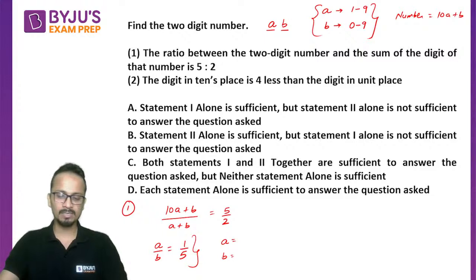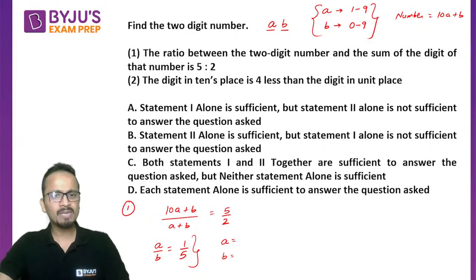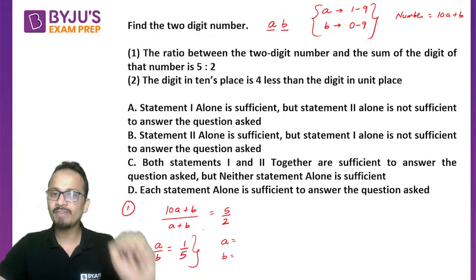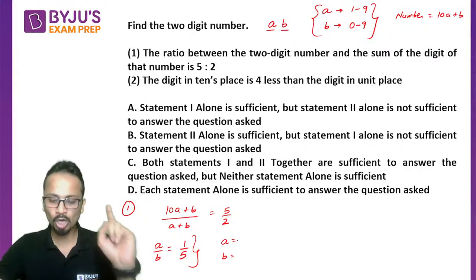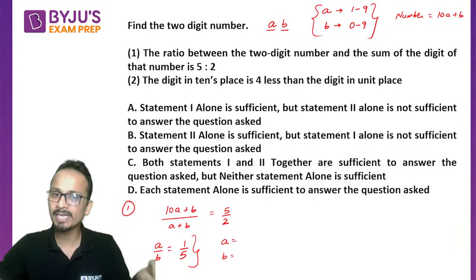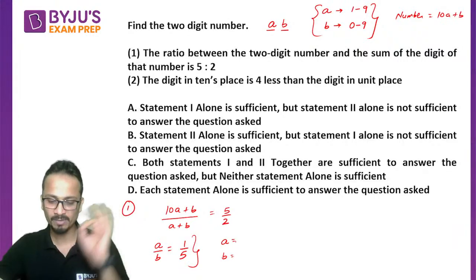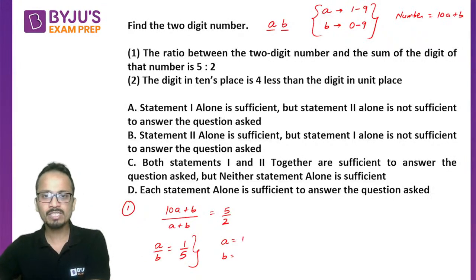Alright, Modi Sarkar. So also tell me, is this a unique set of values for A and B, or may you give me any other set as well? So yes, one set of values for A and B is 1 and 5.